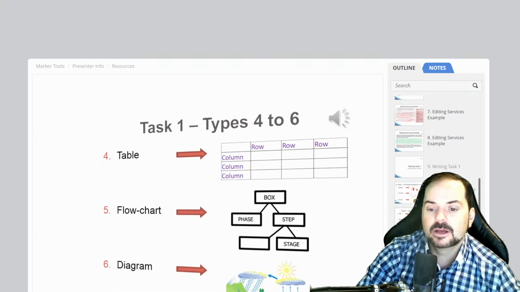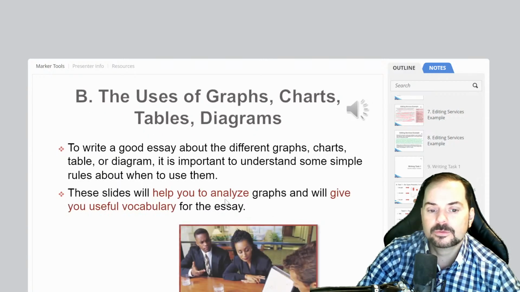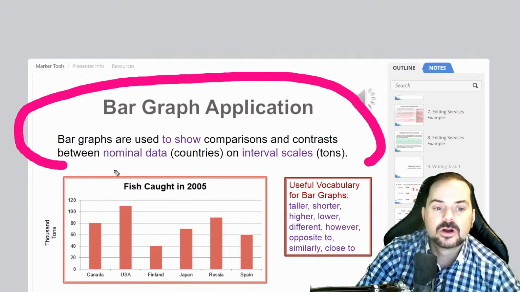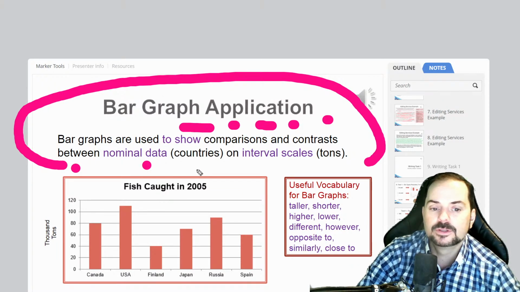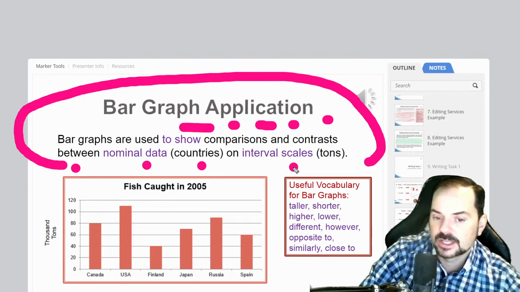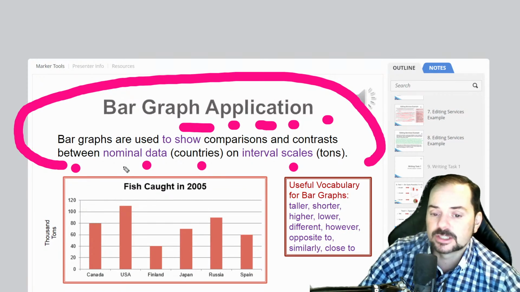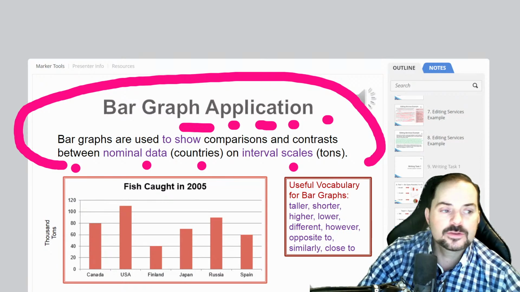And then we go through the usage of each one, as I mentioned. It tells you here, for example, that bar graphs are used to show comparisons and contrasts between nominal data like countries and interval scales. In this case, it wasn't countries, it was education level. And then you keep going through.